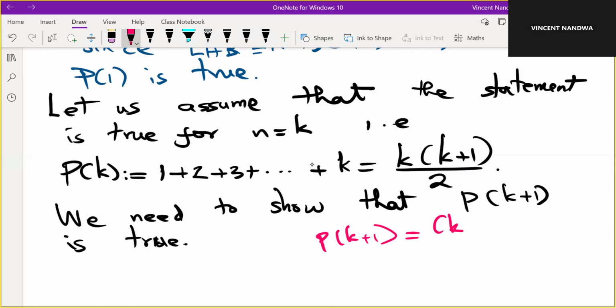We'll have k plus 1 into k plus 2 divided by 2. Remember, if you are at step k, the next step is k plus 1, and from k plus 1, the next step is k plus 2. So this is what you expect to have, okay?